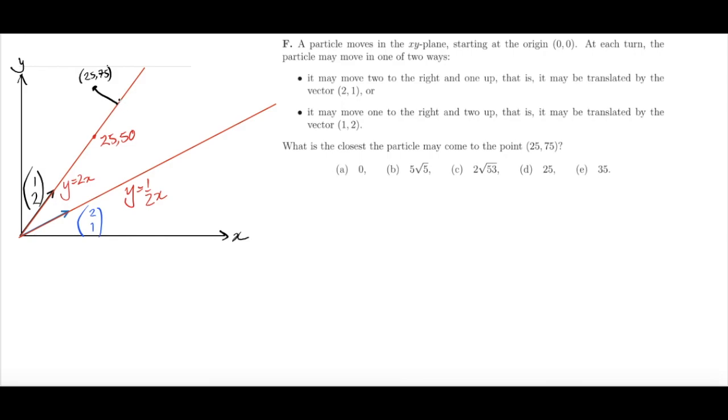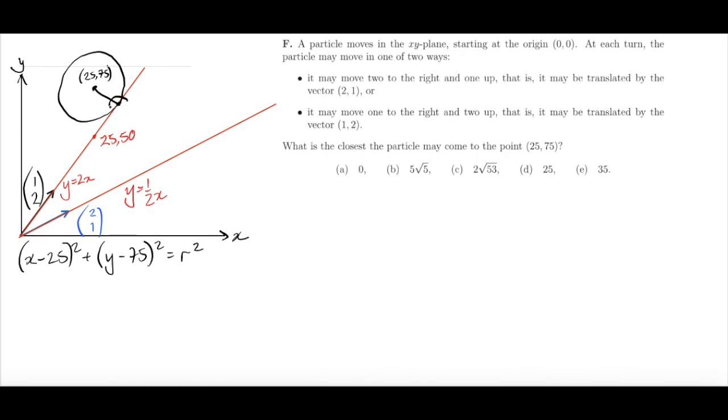You might be able to see here the closest is a certain distance here. We can actually turn that distance into a radius, with that radius just touching this line here. So we can work out the equation of this circle: (x minus 25) squared plus (y minus 75) squared equals some radius r squared.